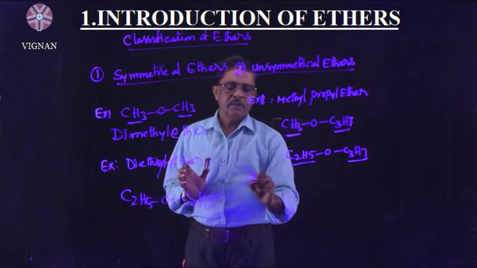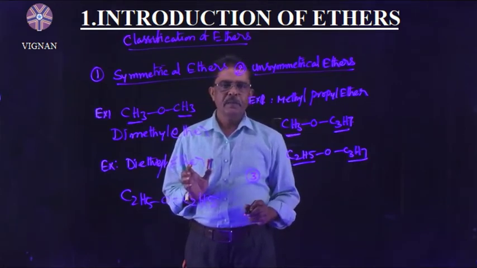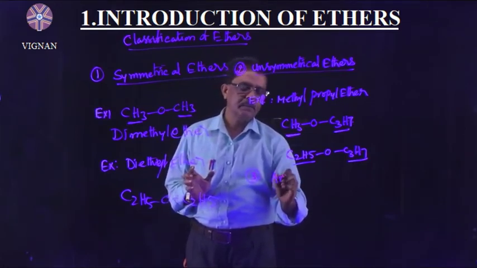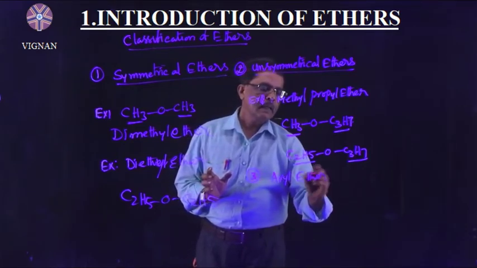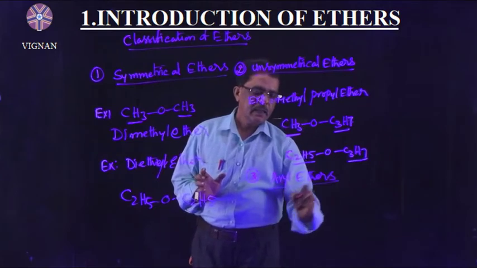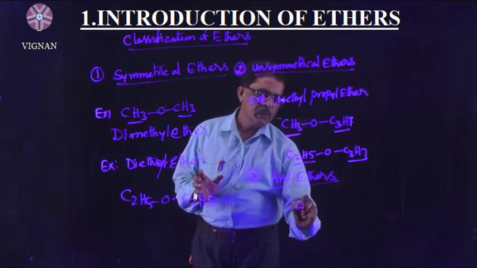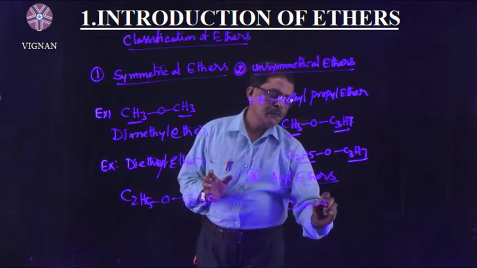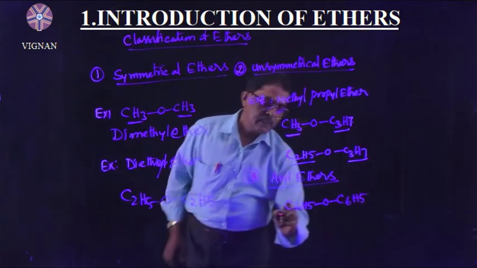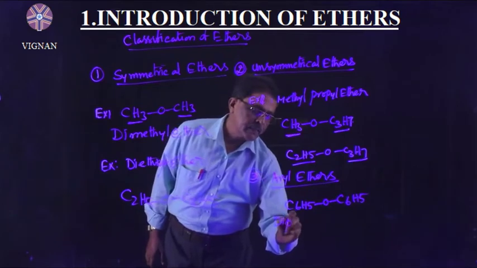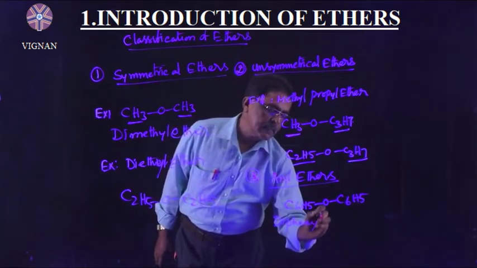Third type of ether is aryl ethers. Example: C6H5OC6H5. This is diphenyl ether.